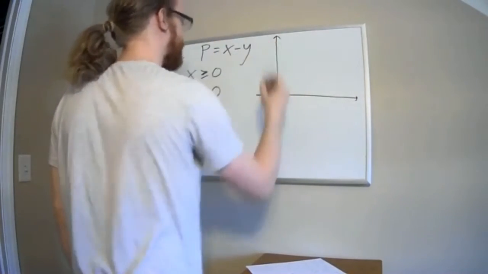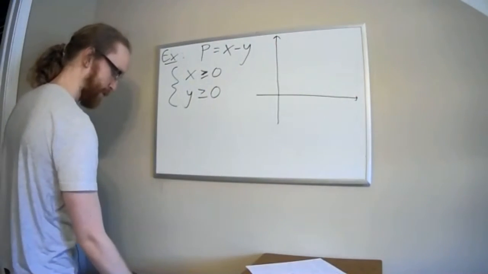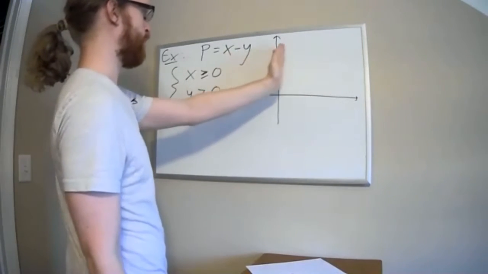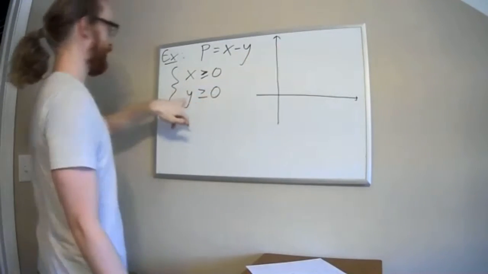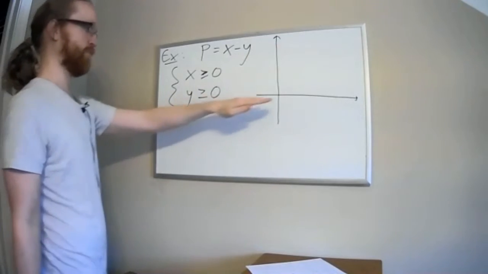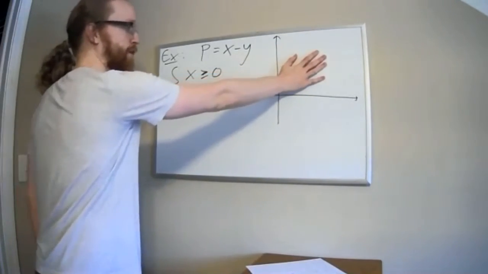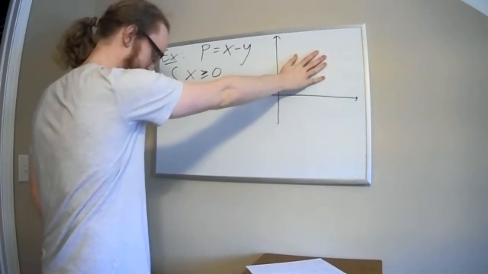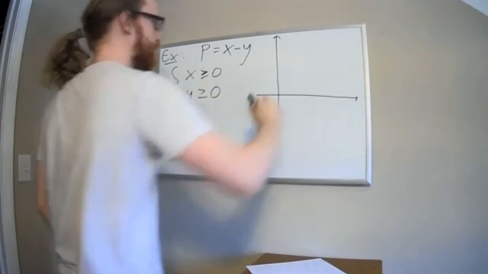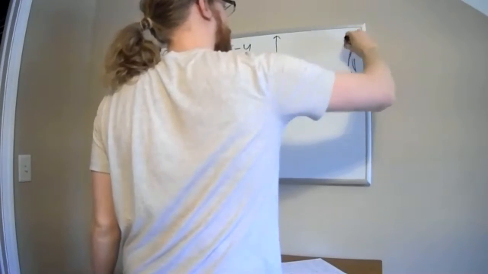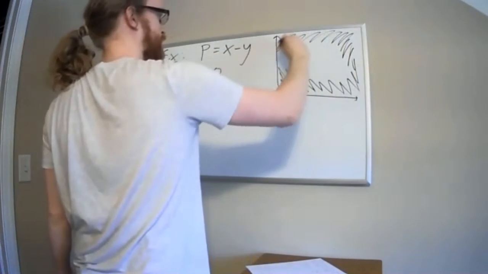The point is that x greater than or equal to 0 says that I just go to the right of the y-axis, and y greater than or equal to 0 says I just go above the x-axis. So my feasible set is this entire quadrant. It goes off forever.